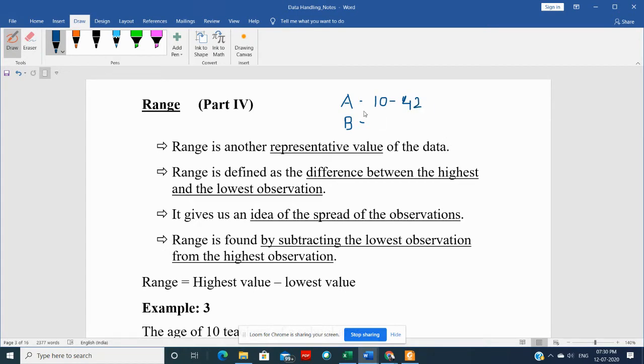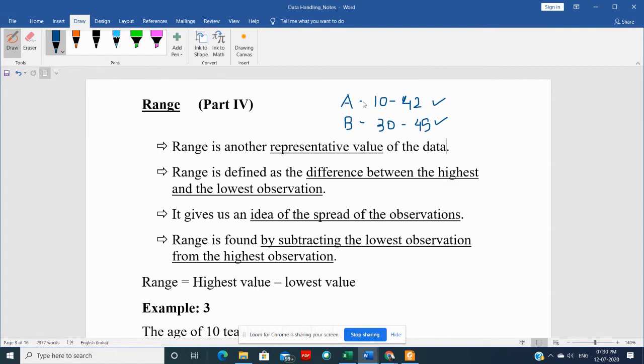In case of class B, the minimum marks the students have got is, let's say, 30, and the maximum marks, if they count, then that can be 45. So from this data itself, we can say that class A may contain below average students and class B contains above average students or the excellent students, right?